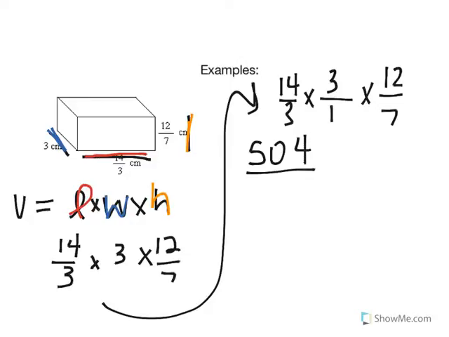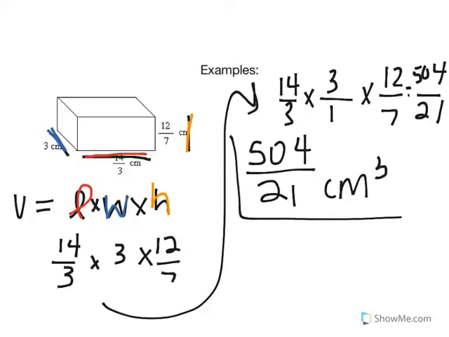Okay. And then for your denominator, remember we multiply across for the denominator as well. So that's 3 times 1 times 7, which is 21. Okay. So your answer is 504 over 21 centimeters cubed. Remember, volume is cubed.